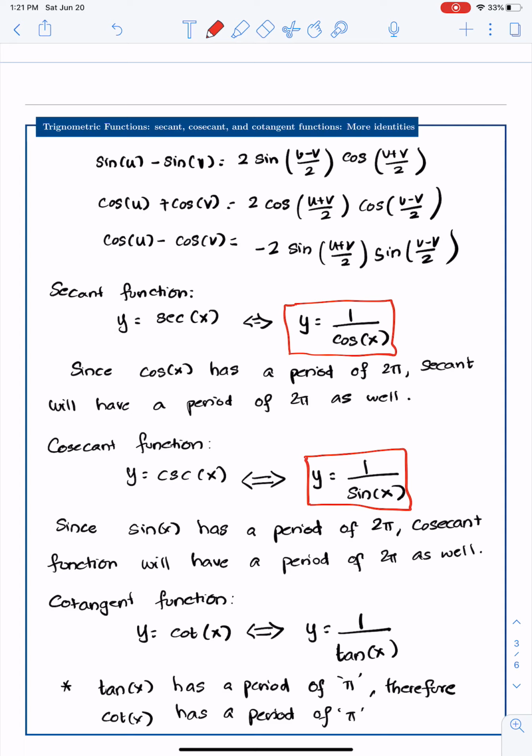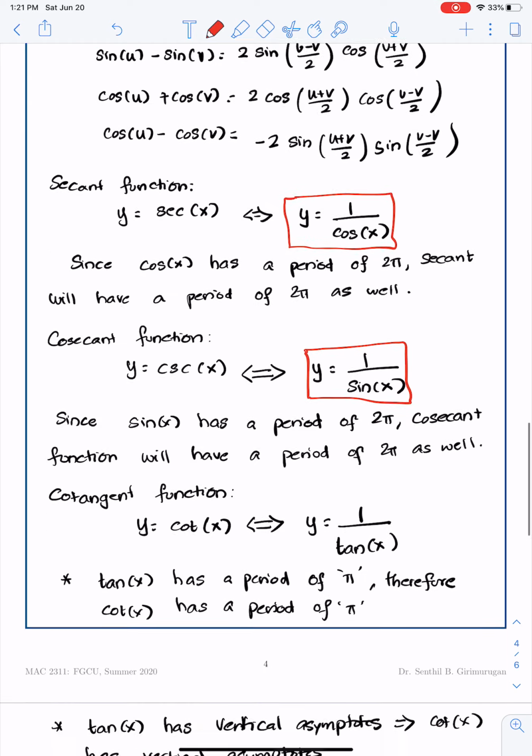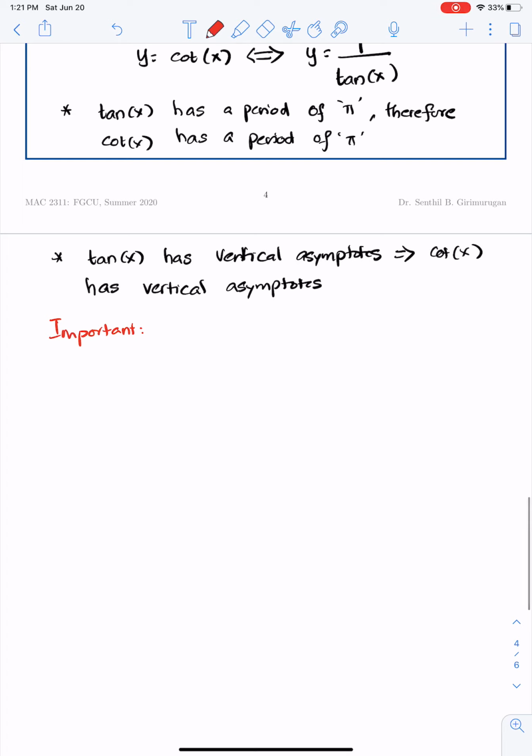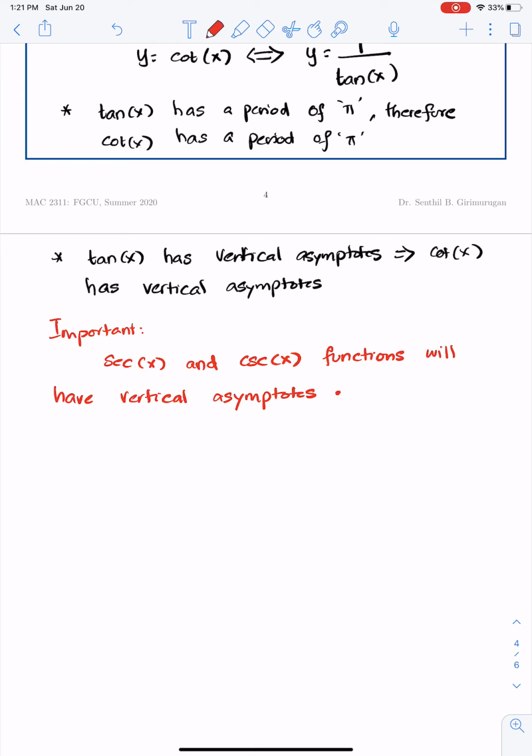In other words, it becomes undefined. So there would be vertical asymptotes. So it is important to realize that the secant function and cosecant function will have vertical asymptotes.